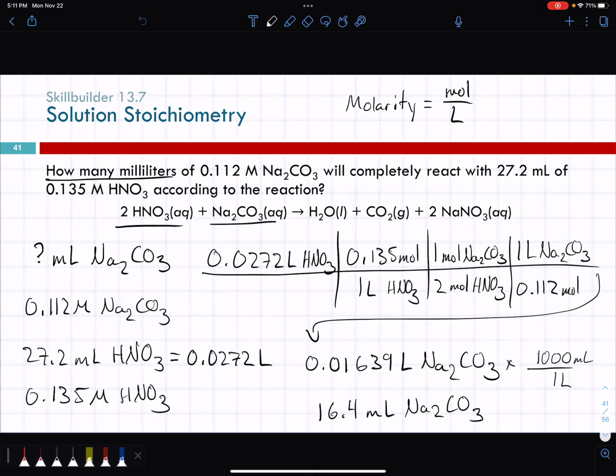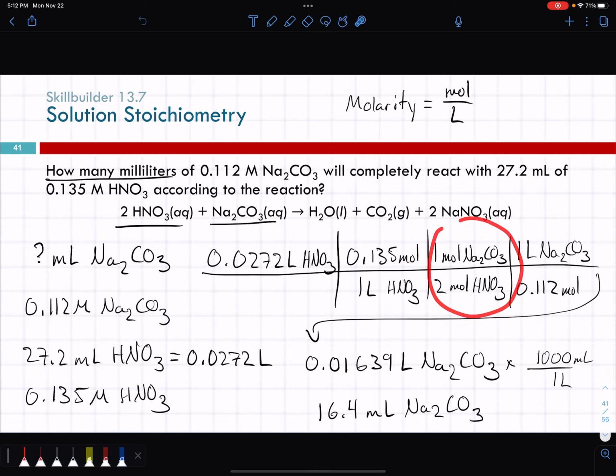So we did a couple of those practice problems. So in this problem we wanted to know how many milliliters of this concentration of sodium carbonate would completely react with this volume of this concentration of nitric acid. So the way you set this up is you start with this 27 mL. You multiply that by molarity, because molarity is in units of moles per liter, and that gives you moles of whatever you're starting with.